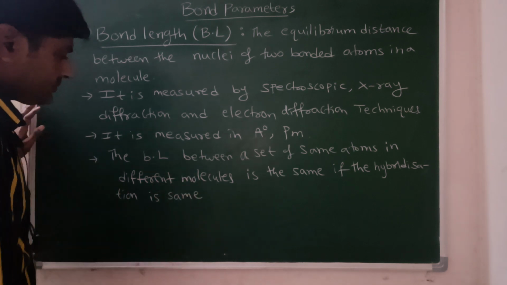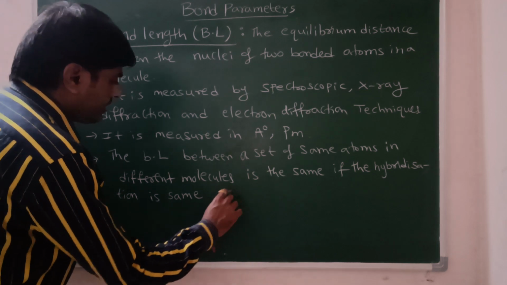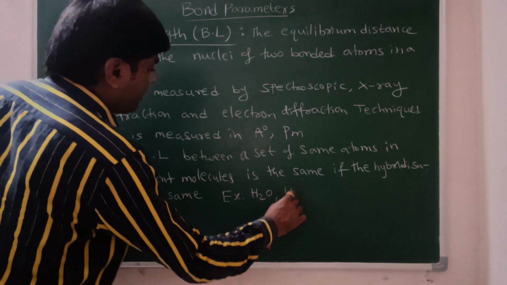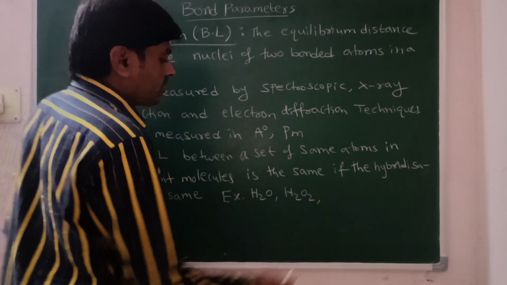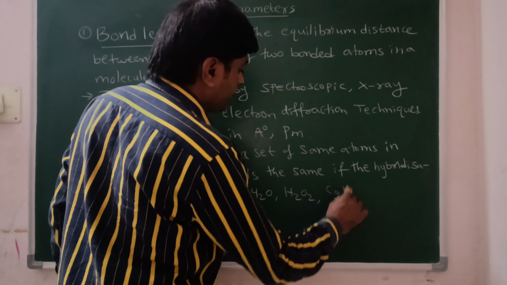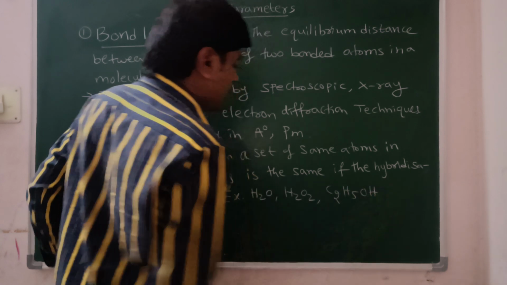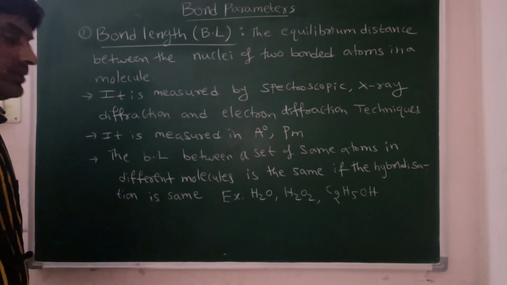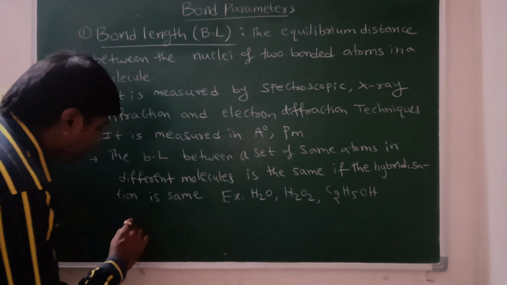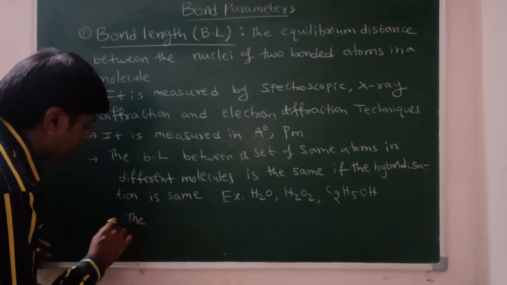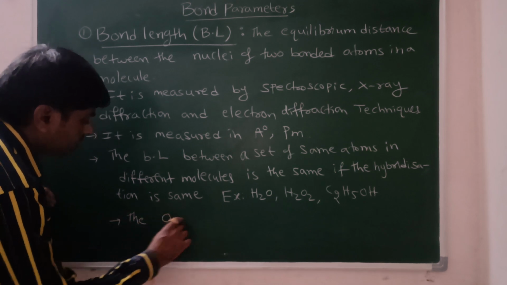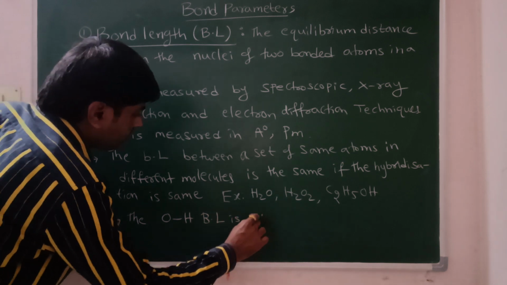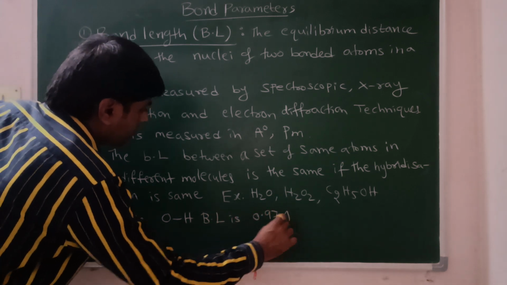For this, I am writing an example here: H2O, H2O2 (hydrogen peroxide), and ethyl alcohol, C2H5OH.